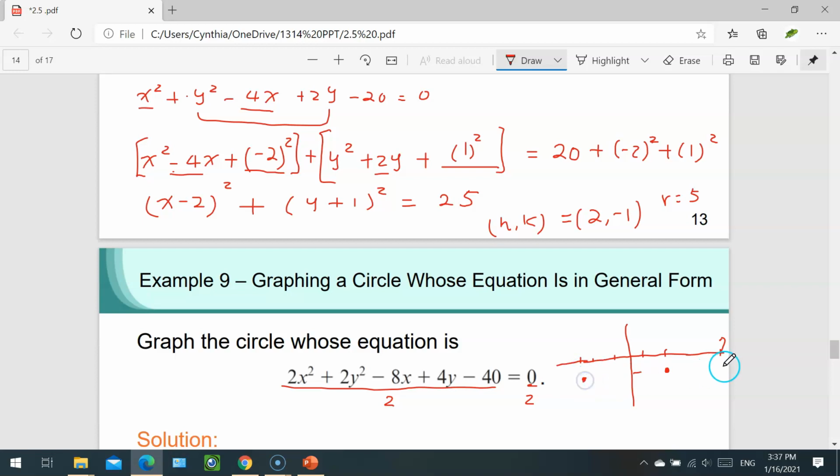So go left 5, go right 5, go up 5. 1, 2, 3, 4, 5. So go up 5, and then go down 5. 1, 2, 3, 4, 5. And then you can combine all the dots together. My circle is not very circle shaped, but that's the idea. You need to define your center point and sketch the graph.